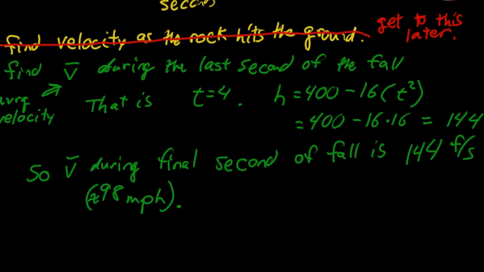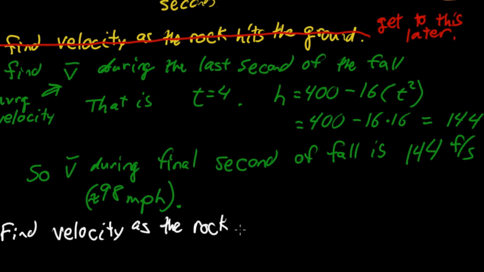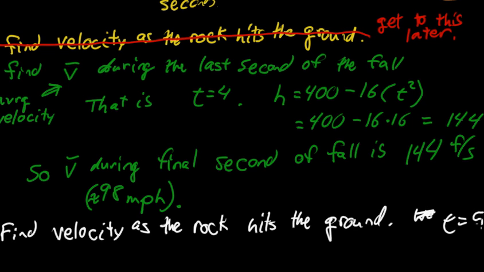So let's go to white. Find the velocity as the rock hits the ground. Well, we already know that t equals 5, so that's the time that we have.